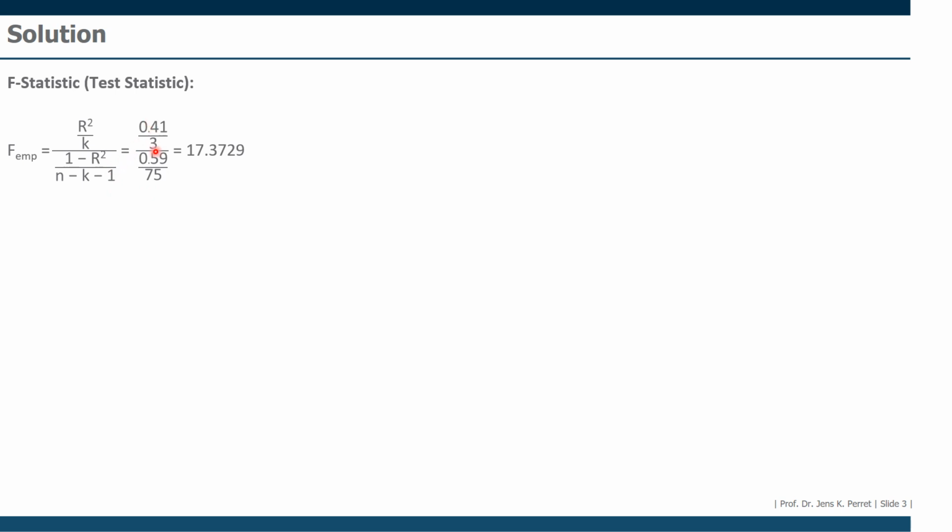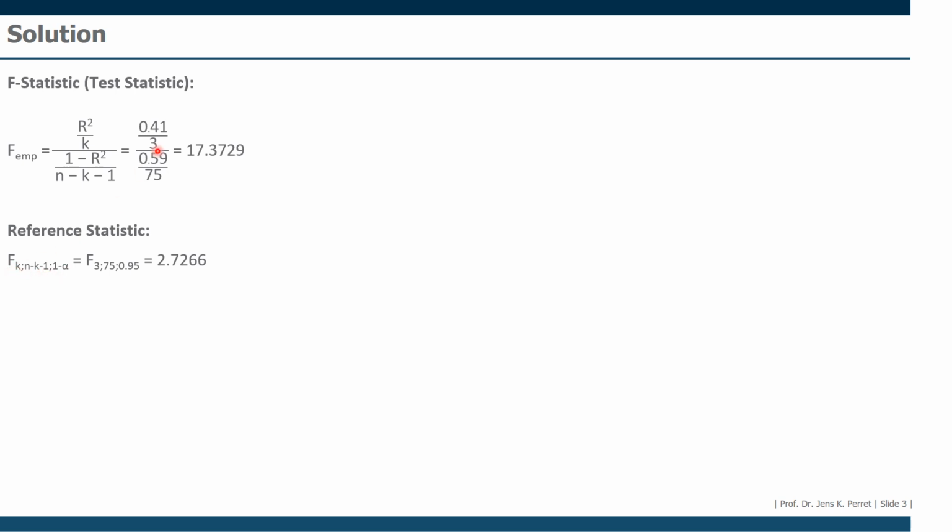So if we then calculate this double fraction, we get as a value 17.3729. So that's our test statistic for the F-test, meaning we still need a reference value, a reference statistic. For the standard F-test, we get this as F with k, n minus k minus 1, 1 minus alpha.